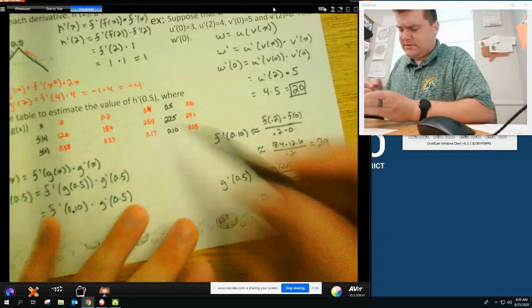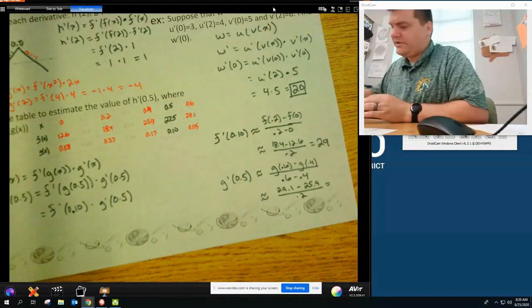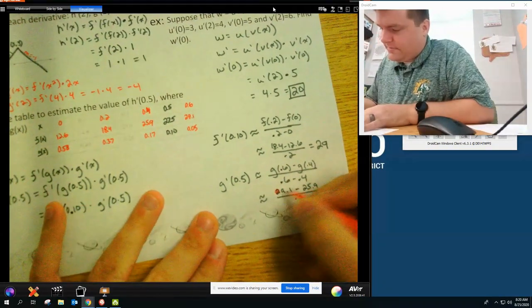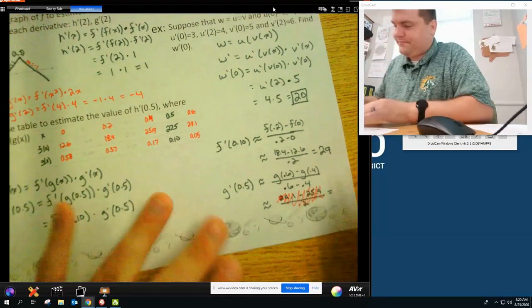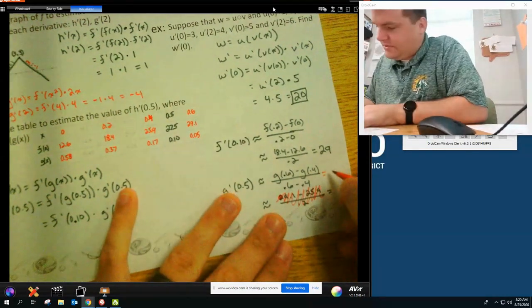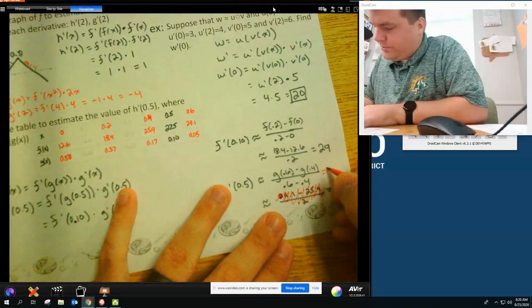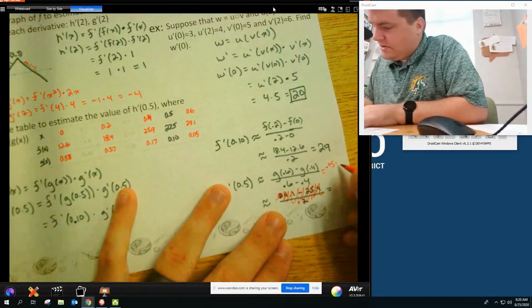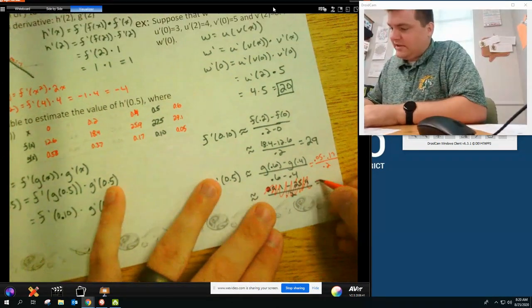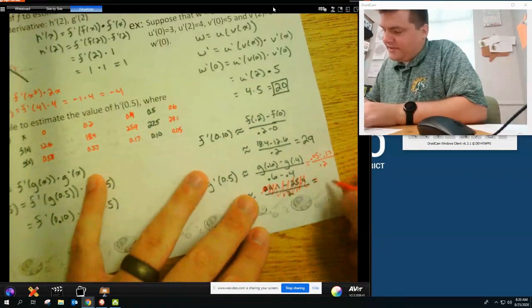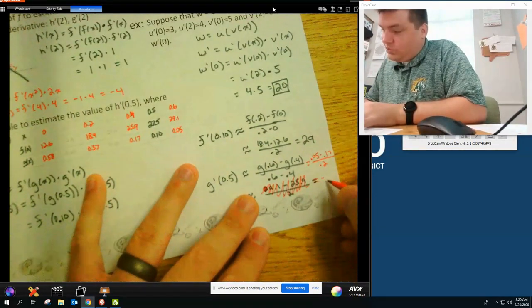I was like, okay, that's a little off. No worries, we'll fix it. I used the wrong values. I'm supposed to use this right here. So 0.05 minus 0.17 all over 0.2, and that's going to give me, it looks like, negative 0.12, divide that. You're going to get a negative 0.6, I believe.